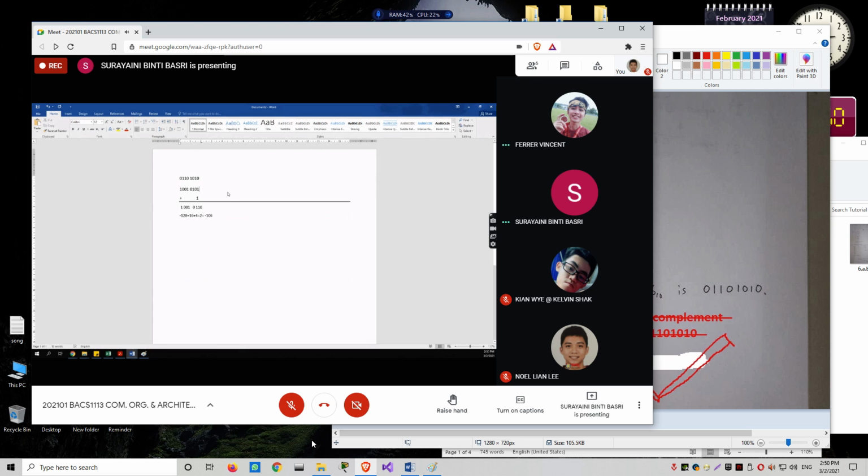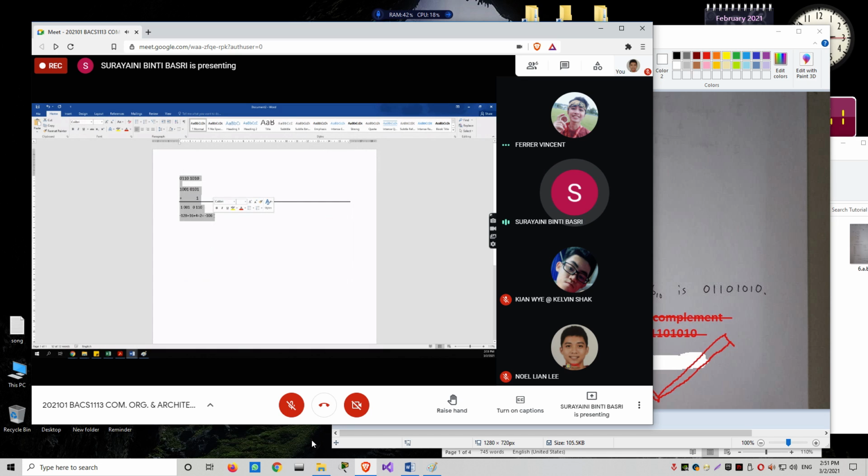It inverses. Yes, so that is step 2. The step 3 is plus 1. After that, you get the answer. This is called the 2's complement.